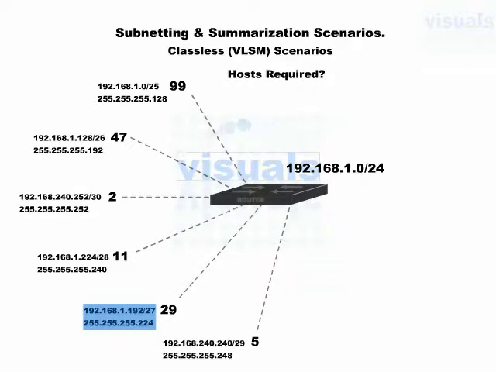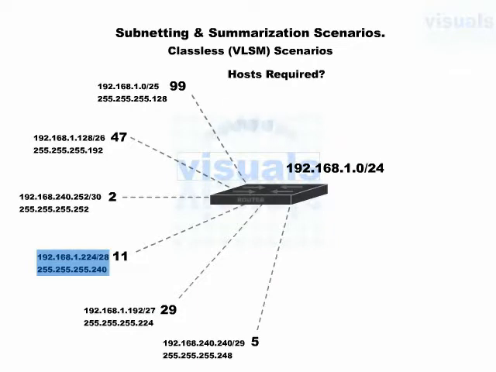The network is 192.168.1.192. Valid host addresses range from 192.168.1.193 to 192.168.1.222, and the broadcast address for this range is 192.168.1.223, and the next network is 192.168.1.224.